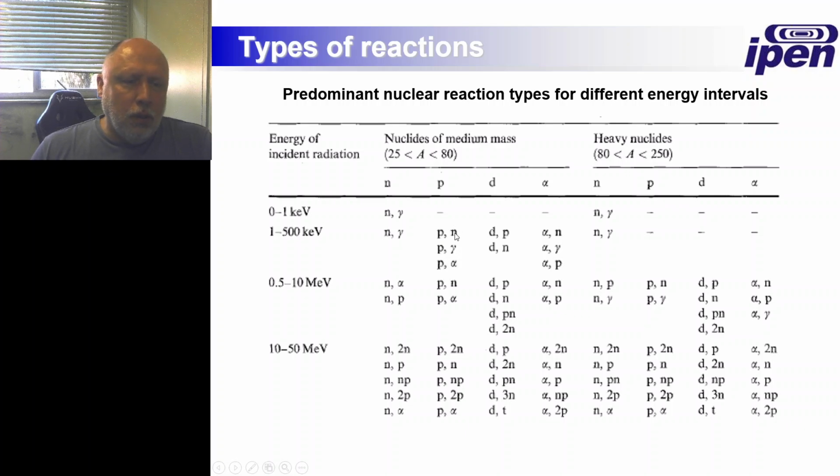A proton can interact, producing a neutron or a gamma or an alpha. A deuteron can produce... okay, very simple things, but things start to get more tricky when we go to 500 kilo electron volts, half a mega electron volt. So now, changing scale to mega electron volts, we start to have more complicated reactions, right?